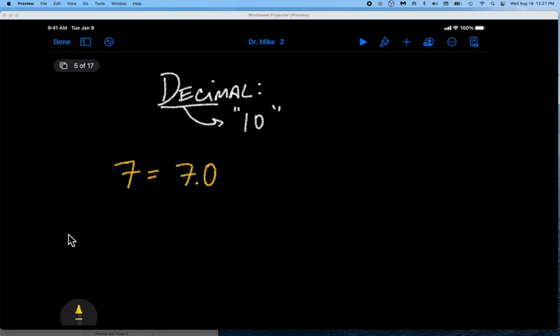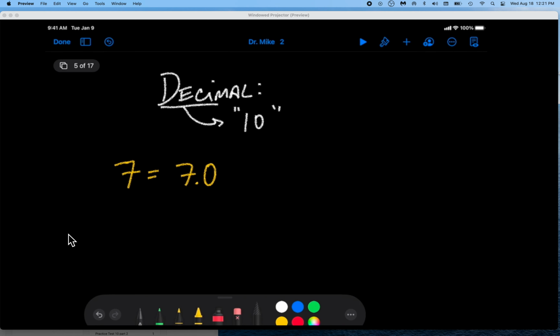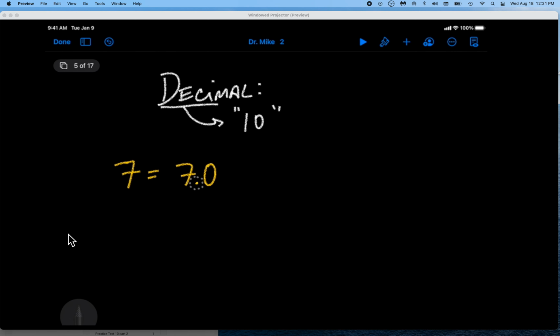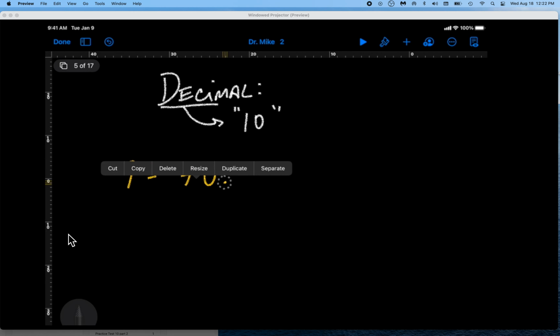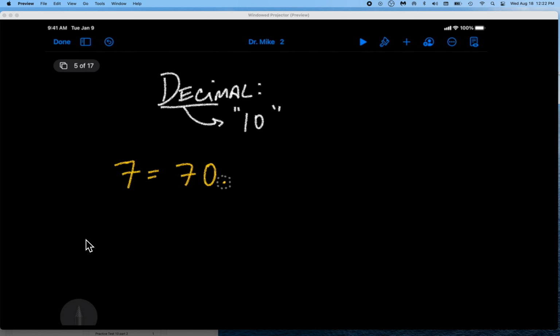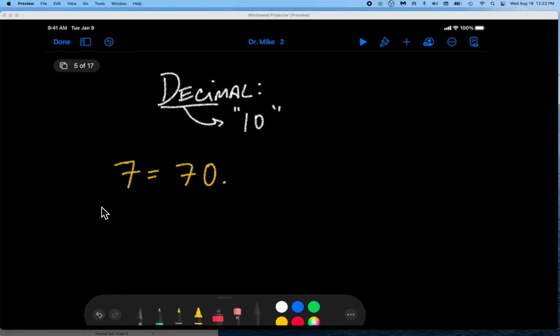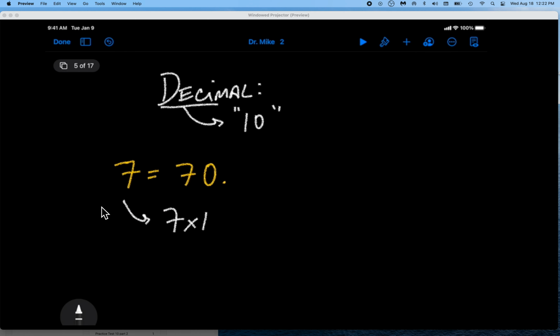For example, if some person comes into our classroom, takes this decimal point, and moves it one space this way, this number 7 has now become the number 70. And what do we notice? 7 times 10 gives us 70.